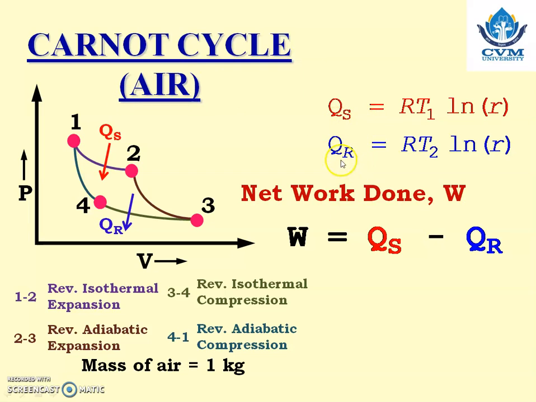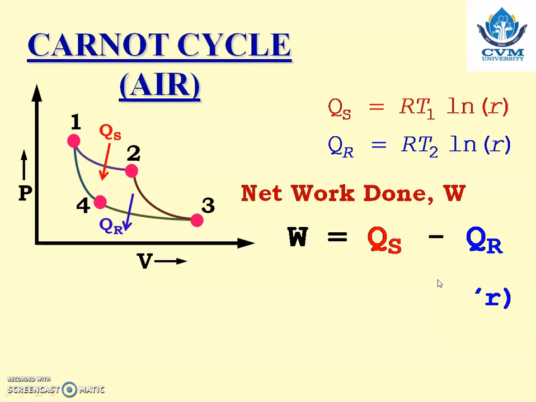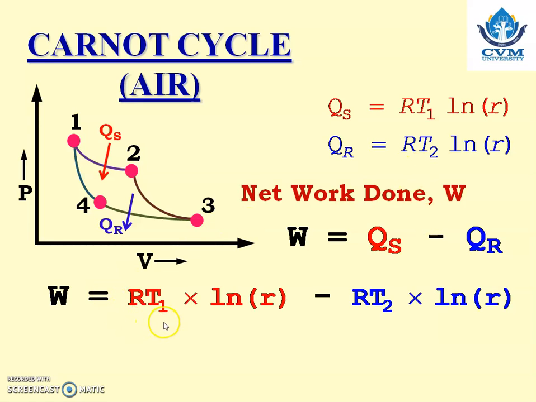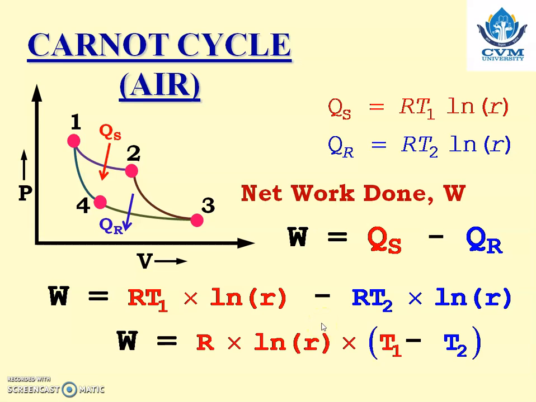This is the QS and QR for the Carnot cycle. Substitute these two values here. So work done is equals to RT1 ln R minus RT2 ln R. Now which one is common here? R and ln R. So we can take it out. So R into ln R multiplied by T1 minus T2. That is the equation of work done for Carnot cycle air as a working medium.